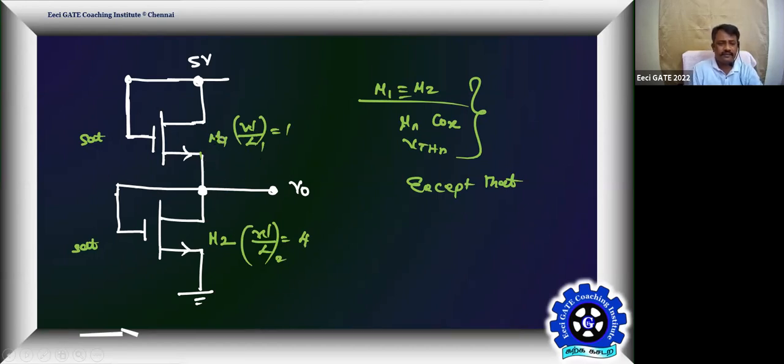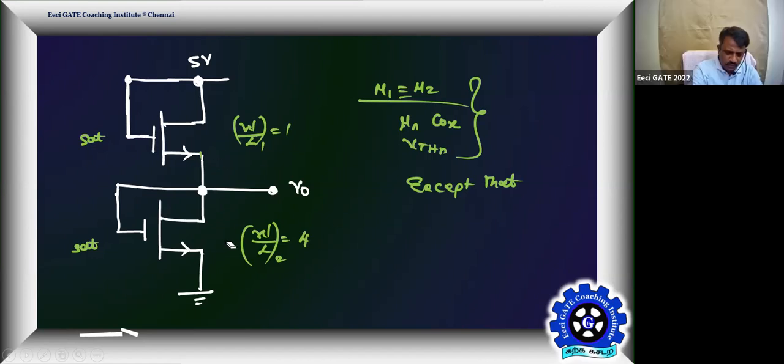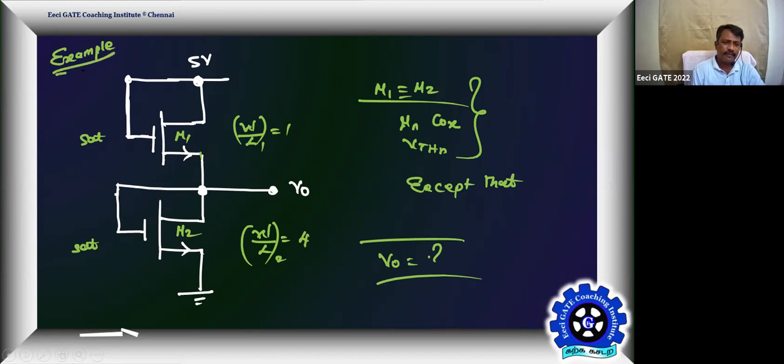So they are going to differ, correct? The two transistors differ only in terms of width to length ratio. In all other aspects, they are the same. If that is the case, find the potential Vout. That's your example. I'll show the way you complete the problem.